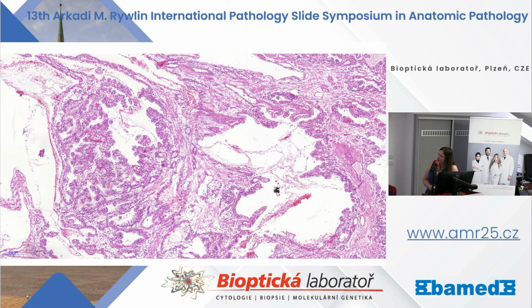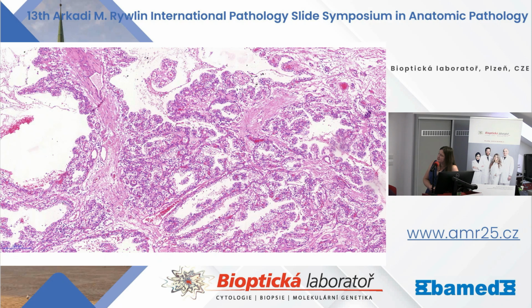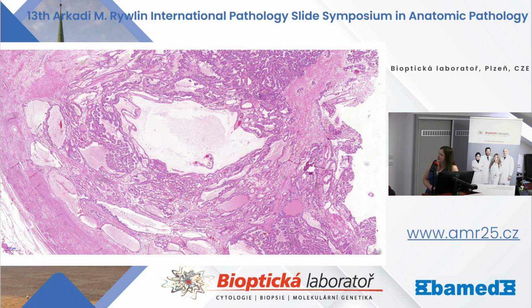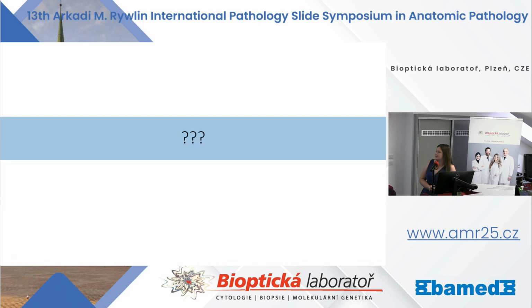Here you can see more papillary areas of the tumor with thin fibrovascular cords, which are lined by the cells, clear cells, with a relatively low nuclear grade. The nuclei are irregular, however, there are no prominent nucleoli. Again, there is more accented fibromuscular part of the tumor. There is cystic area, and this is a typical appearance.